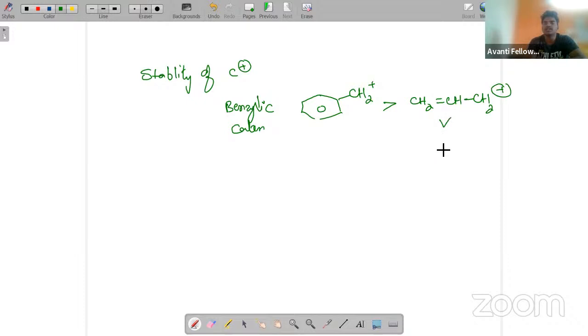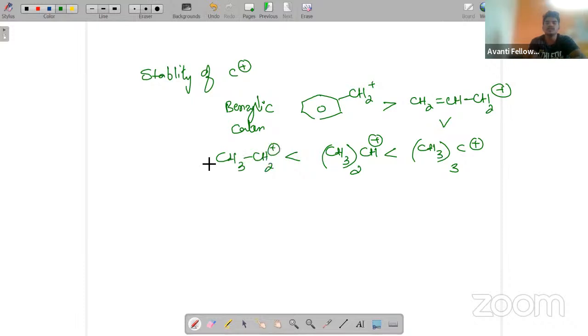And next, tertiary carbocation, that is (CH3)3C plus. Next one, secondary carbocation, (CH3)2CH plus. And primary carbocation, CH3CH2 plus. Okay, so this is the order of carbocation stability.